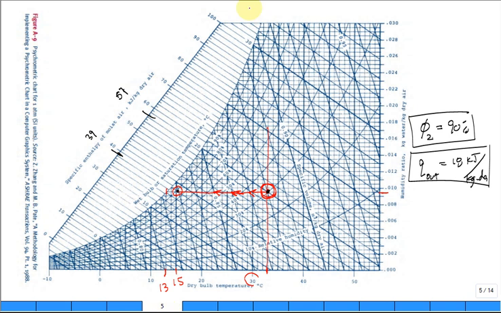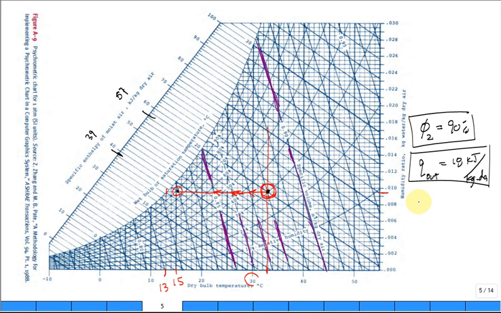So, look, this is a line of constant specific volume of 0.85, true? This is a line of constant specific volume of 0.90, right? And so you can see this is probably 0.86, 0.87, 0.88. Sure, it looks like 0.88.